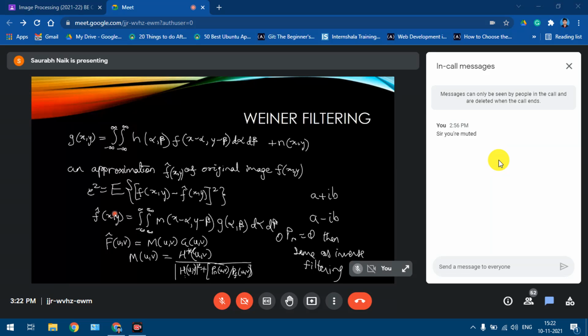Okay, yeah. So what we want to do is approximate this image. So we substitute it in the equation and try to find out what this f cap is going to be.